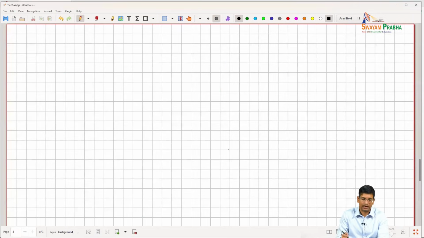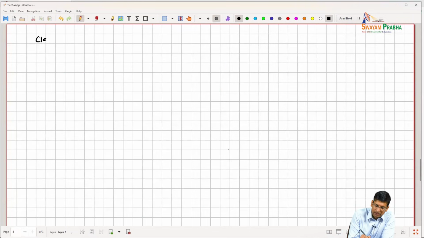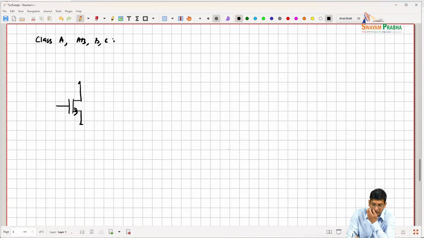Statement 2 is that in all the class A, AB, B, C designs, etc., I assume that when I have the transistor over here, and I am considering this node, the swing on this node. So this sets to VDD, and this node over here is swinging.